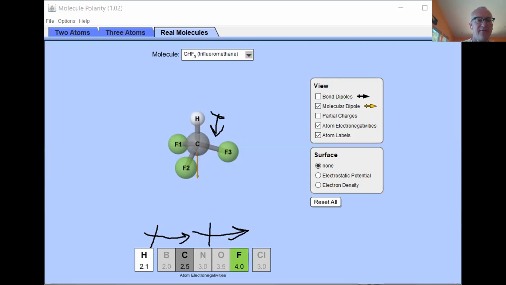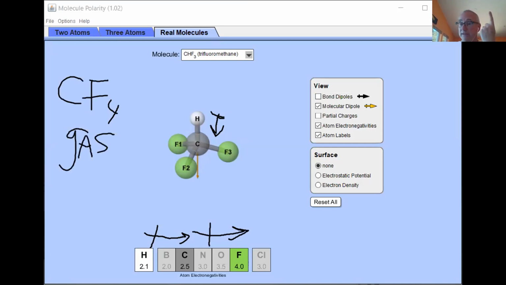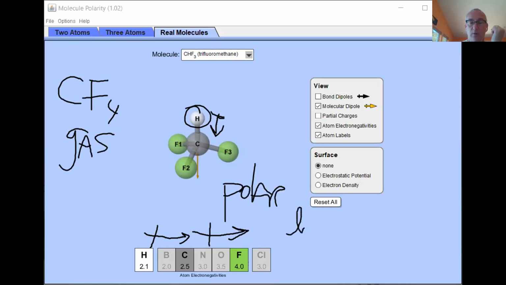And so when we had CF4, we had four fluorines surrounding carbon. It was a non-polar molecule. And that's actually a gas. We replaced just one of those fluorines with hydrogen. It's now a polar molecule. And this is a liquid.